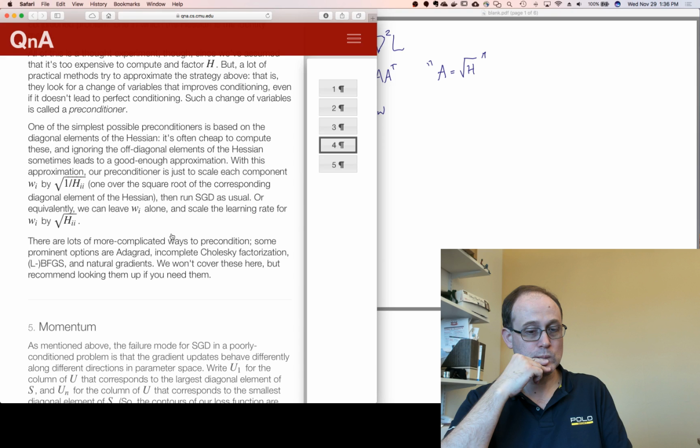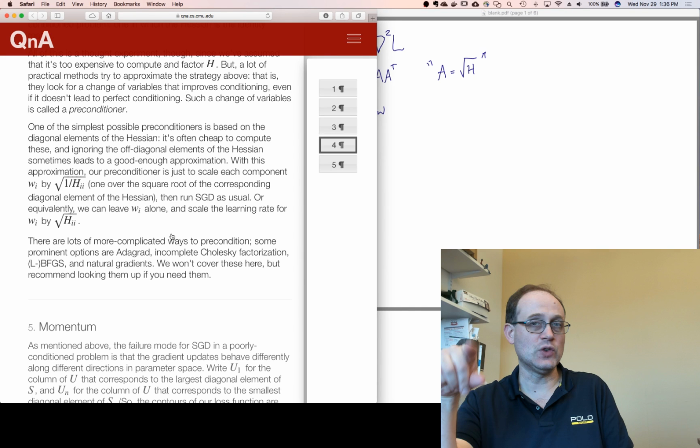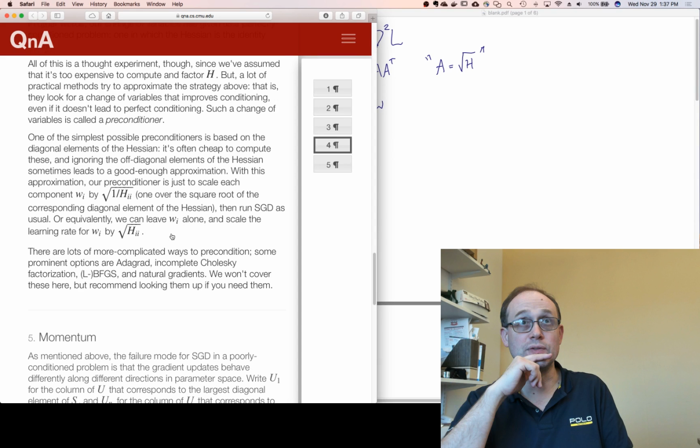One of the simplest ones is a diagonal preconditioner. You basically take the diagonal entries of the second derivative matrix, which is to say the second derivative with respect to each variable. We don't look at the cross second derivatives at all.